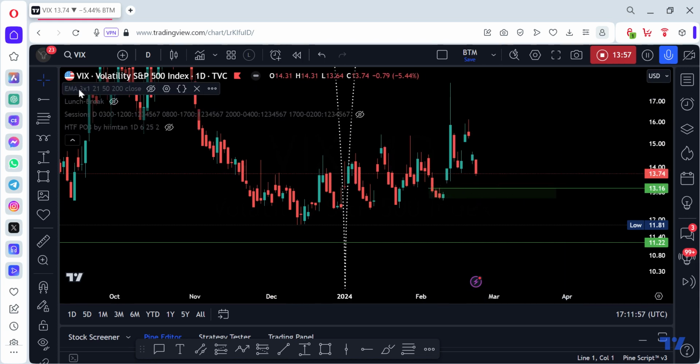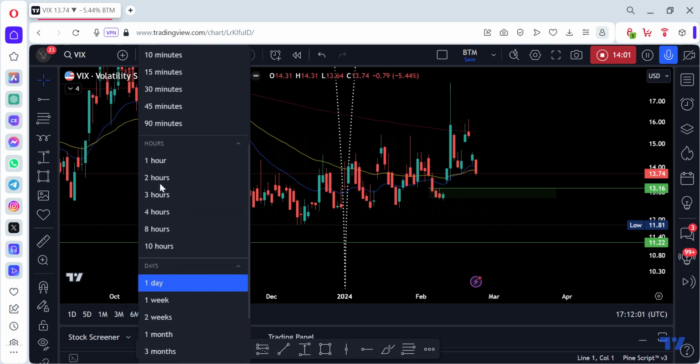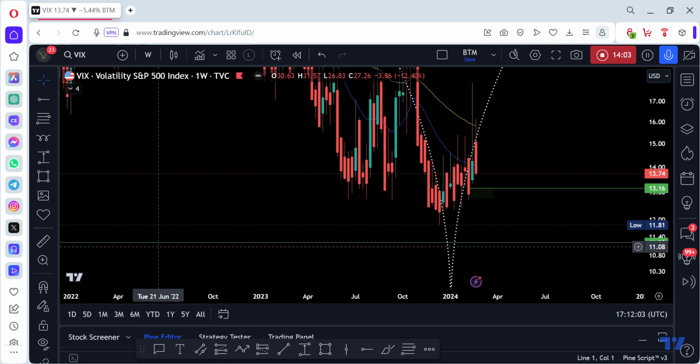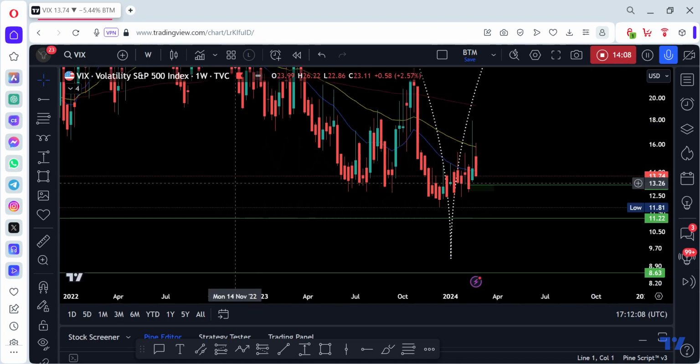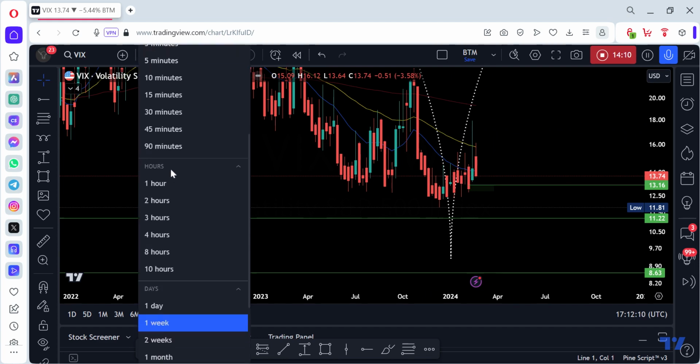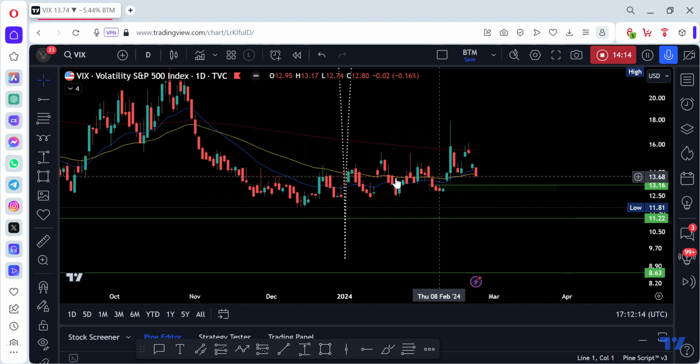Let me check, because that happens many times, probably on the weekly. Yeah. So the moving average actually acts as resistance when the market is in a downtrend. So we also have some things to watch.